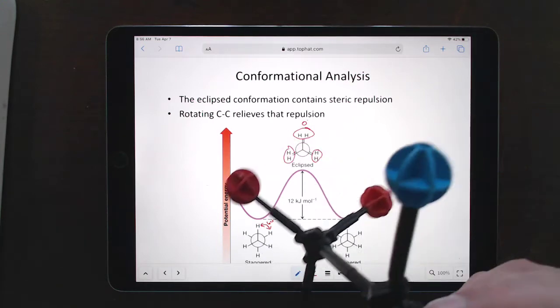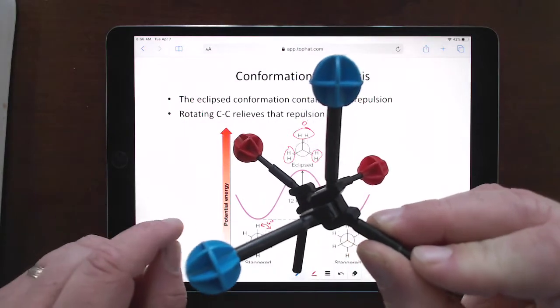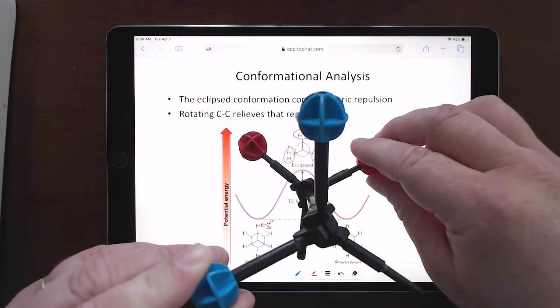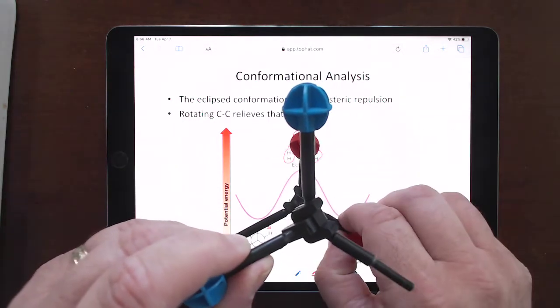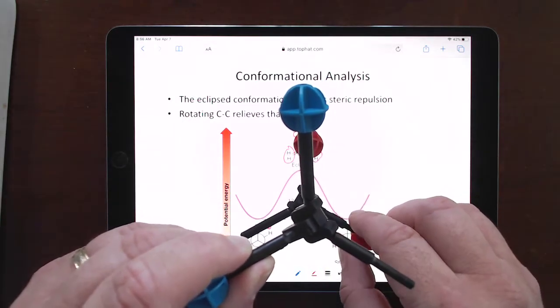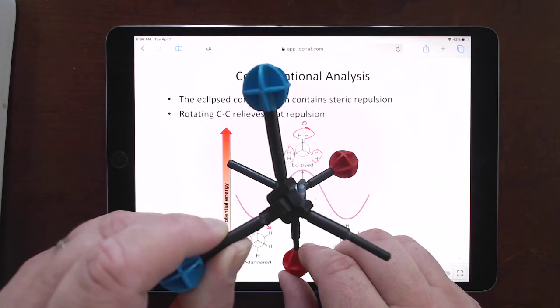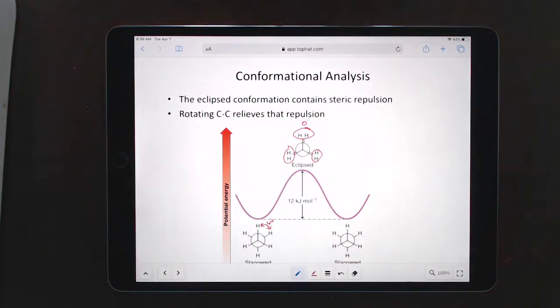It looks like it's keeping the front one fixed, and then just rotating this to eclipse and then back to staggered. For here, there's no eclipsing interaction, so it's at the lowest energy.